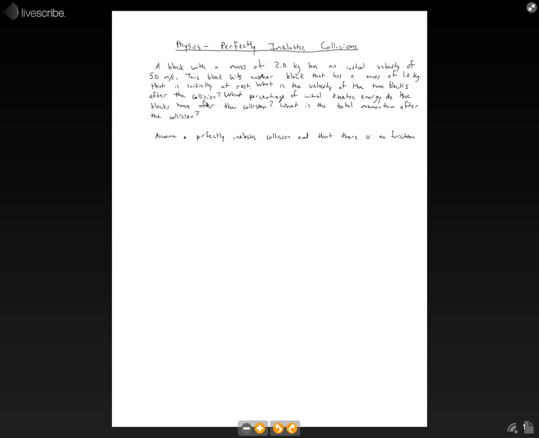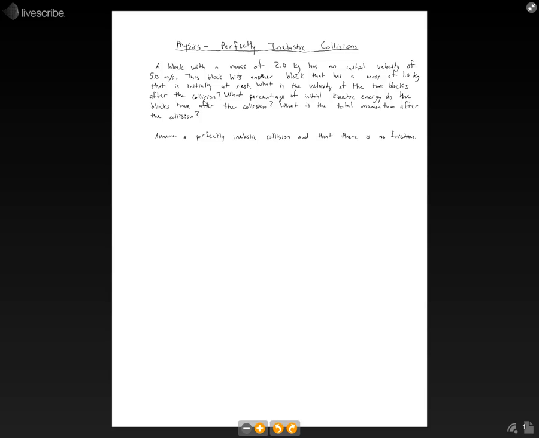And so we have three things we need to find: what is the velocity of the two blocks after the collision, what percentage of initial kinetic energy do the blocks have after the collision, and what is the total momentum after the collision. So here we're going to assume a perfectly inelastic collision and that there is no friction.